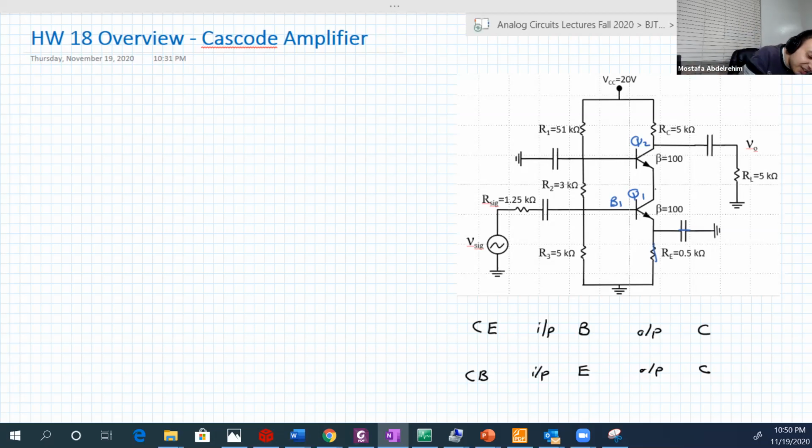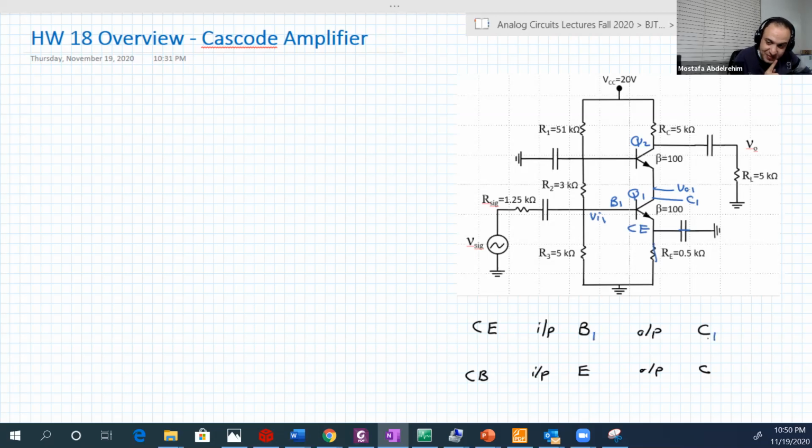The output, let's call it VO1, is at collector 1. So you have a transistor with an input at the base and the output at the collector. So Q1 is our common emitter amplifier.